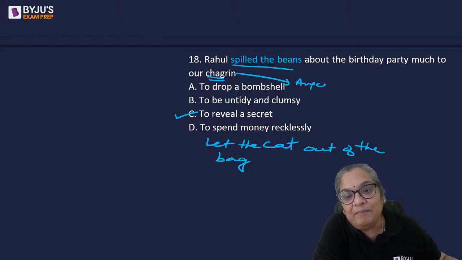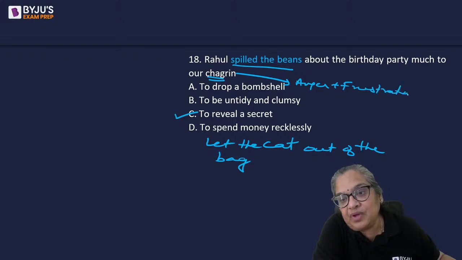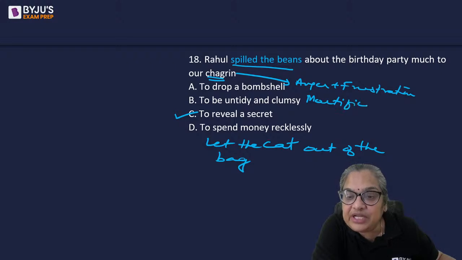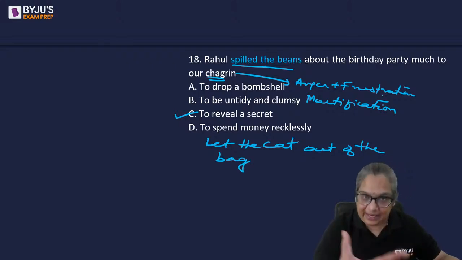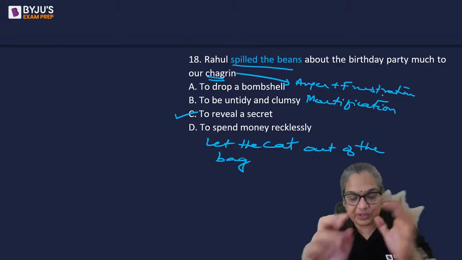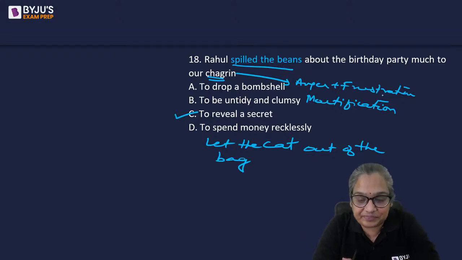Anger mixed with frustration. The word for it, if you look up the dictionary, it will tell you it is mortification. So anger and frustration, you put it together, that's called chagrin.